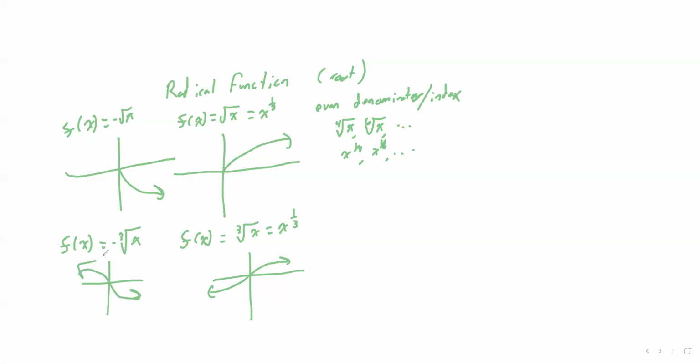Be something like this. And again, we'll call this our odd denominators, or also your index, depending on what you're looking at. So the cube root of x, 5th root of x, and so on, or x to the 1/3, x to the 1/5, and so on and so on.